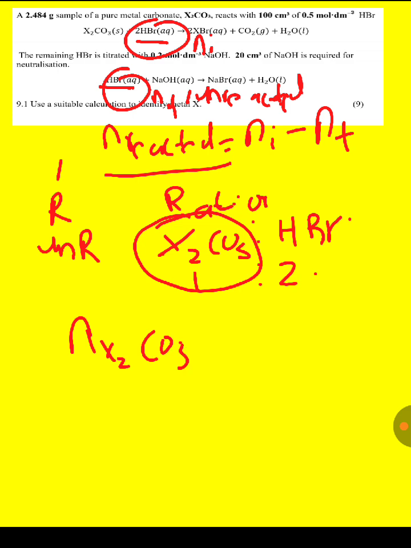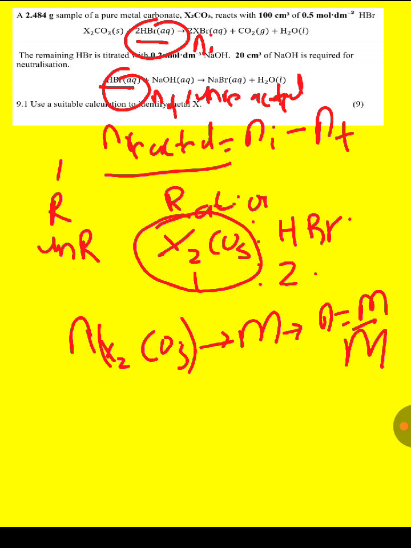After getting the number of moles of the metal carbonate, you get the mass of the metal carbonate by using n equals m over M. Then you do the calculations.